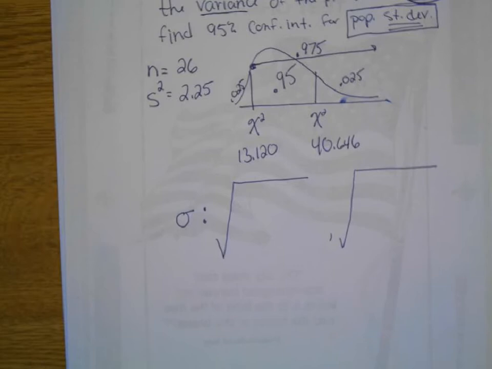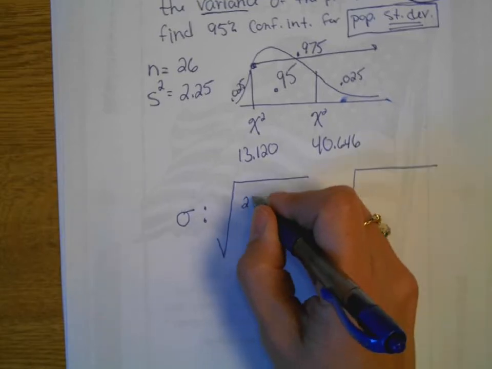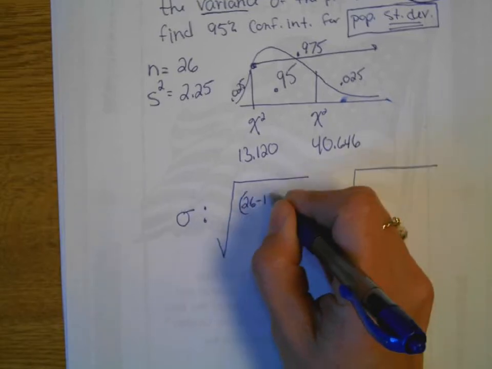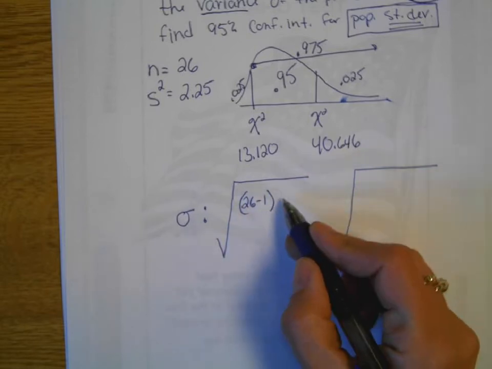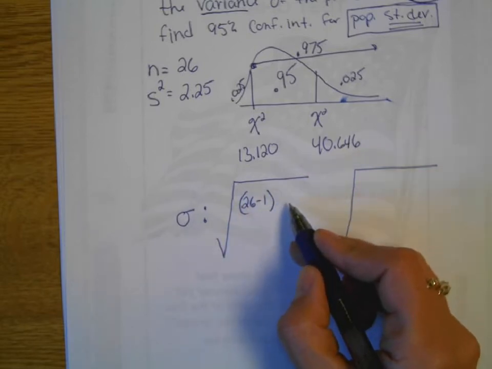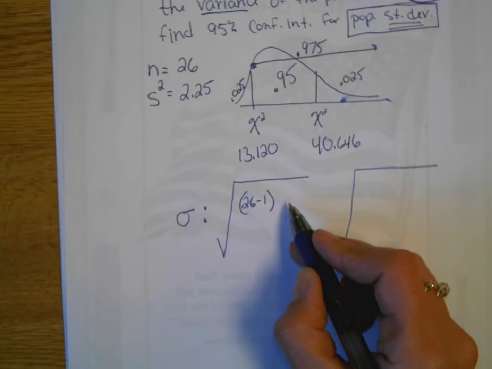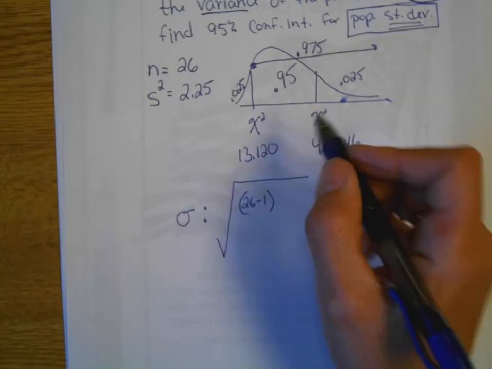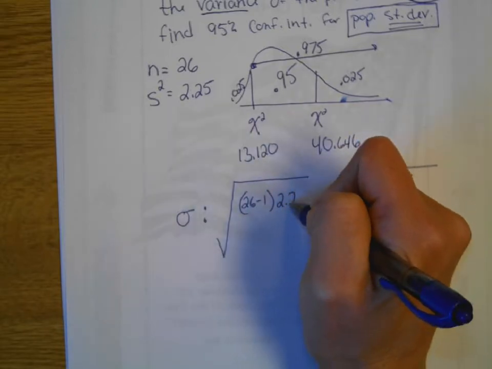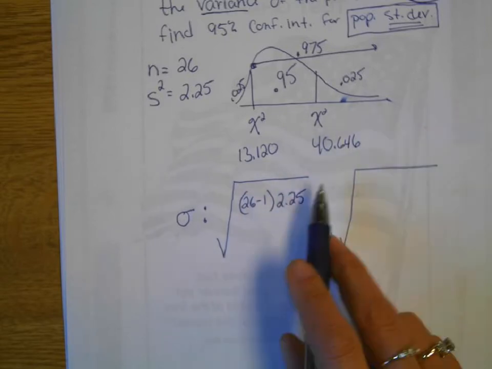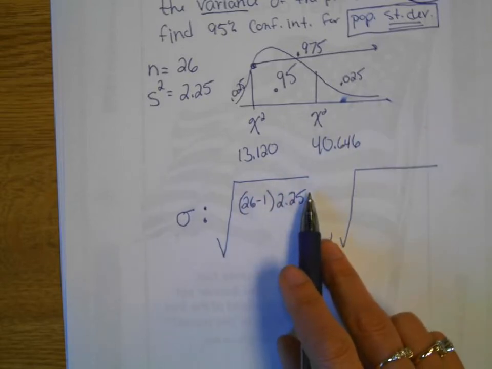N minus 1 is 25. Then multiply by s squared, which is 2.25, already squared, so don't put another squared here.